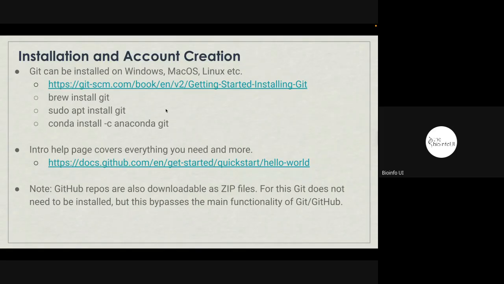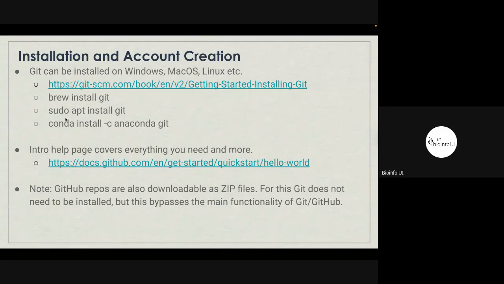Or you can do it on your terminal. If you're using a Mac, you can simply do brew install git. If you're using Windows or Linux, these ones can also work. You can also use conda to install: sudo apt install git, conda install git, and all of these should work.